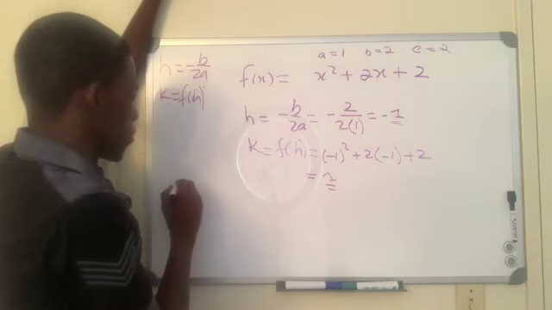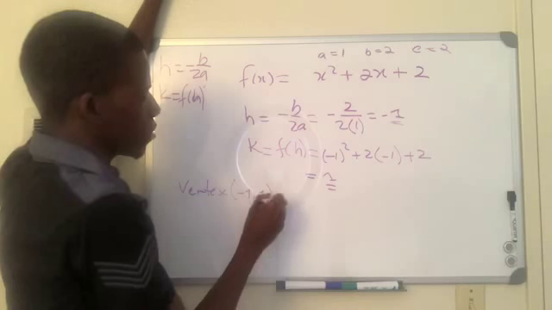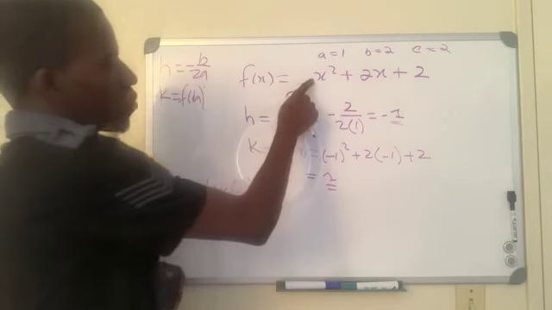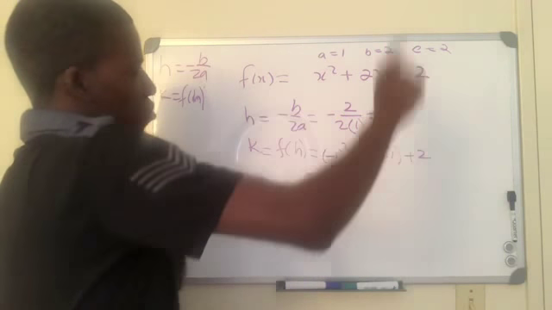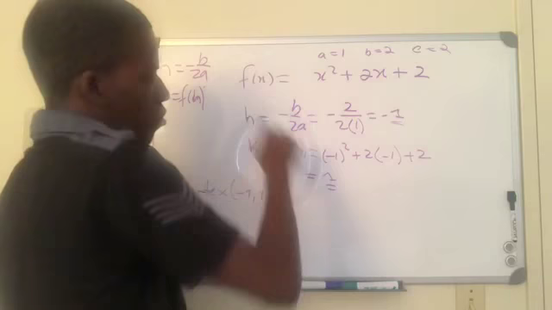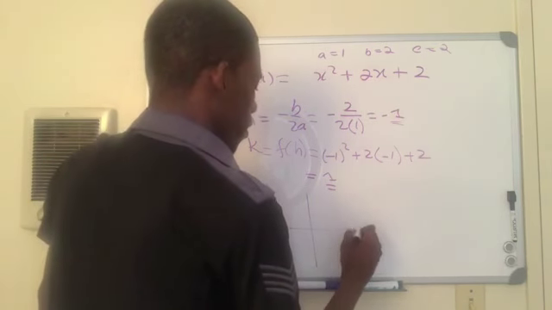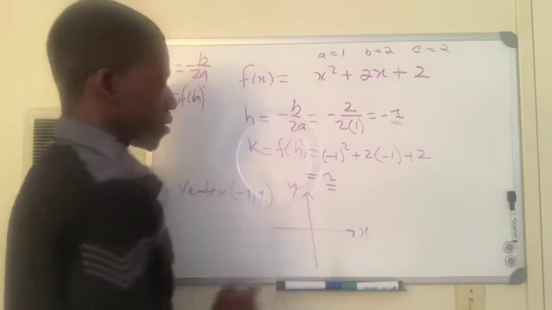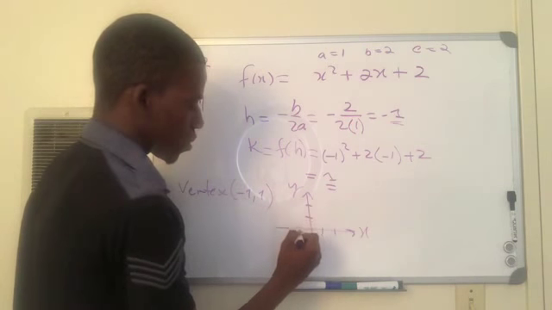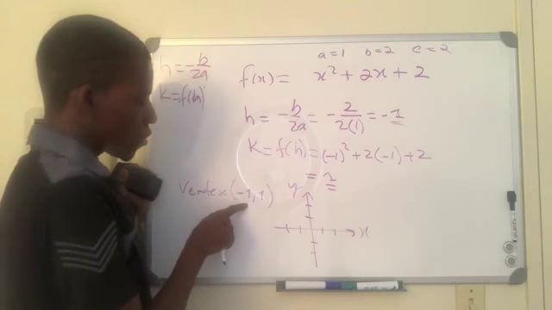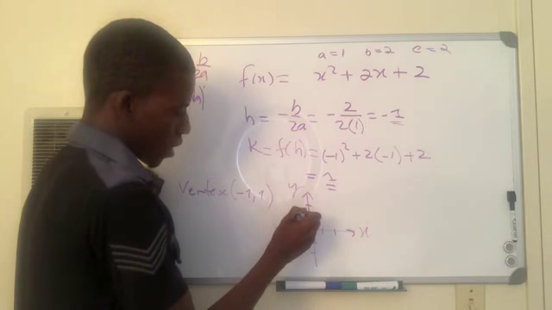So we have h, k. We have our vertex, which is (-1, 1). We have the vertex, and because the sign in front of x squared is positive, my function is going to open up. Okay, so this is my x, this is my y in my coordinate system, and -1, 1 is 1 to the left and 1 up.